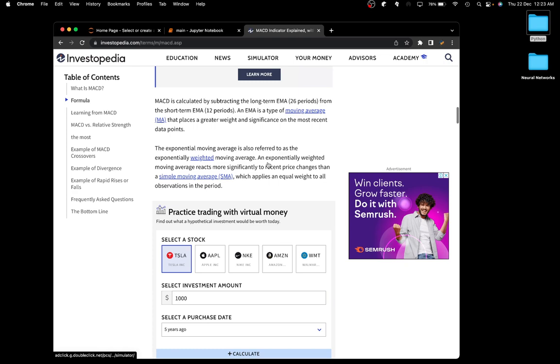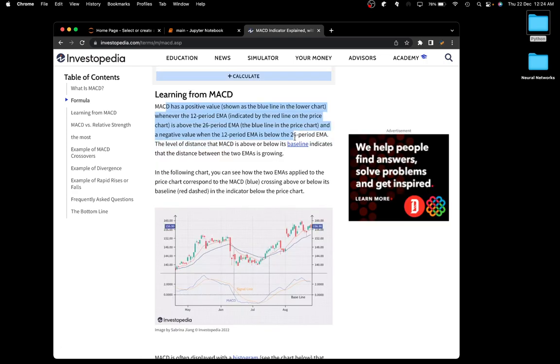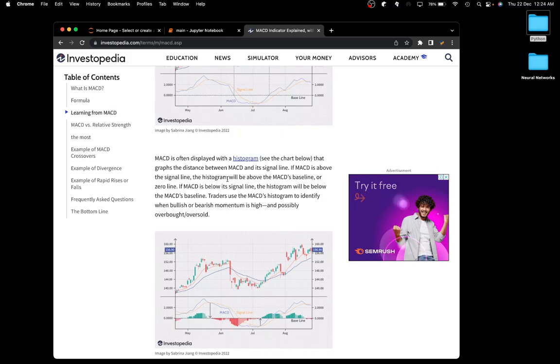So if I just go down a little bit: MACD has a positive value whenever the 12 period EMA is above the 26 period EMA, and a negative value when it is below. Above the baseline indicates that the EMA is growing in the price. You can see the EMA applied to the price chart crossing the blue line. MACD is often displayed with a histogram, and you can see that they explain it very nicely.